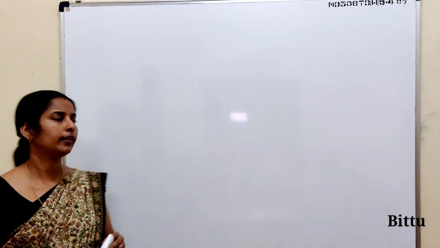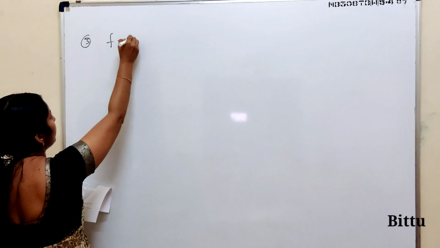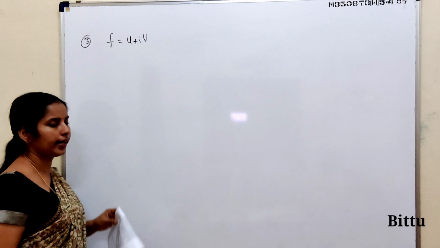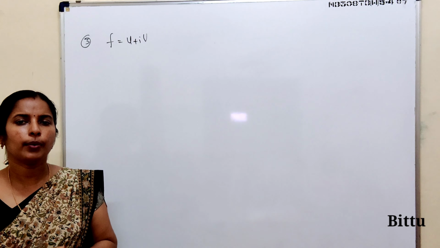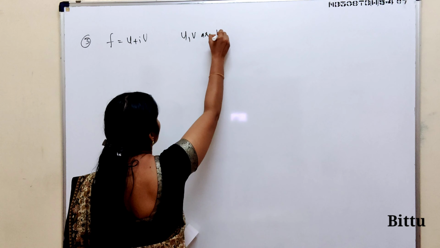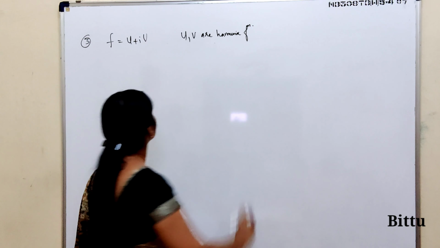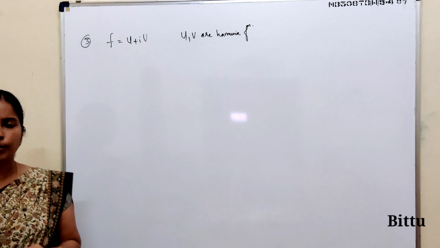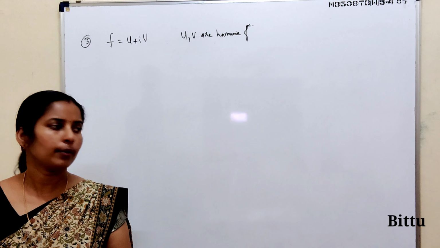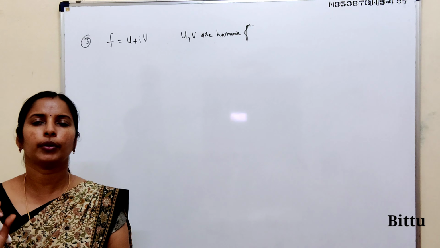Fifth question. If f equal to u plus iv is analytic, show that u and v are harmonic functions. See, how to remember that? If f equal to u plus iv, then its real and imaginary parts are always harmonic functions.